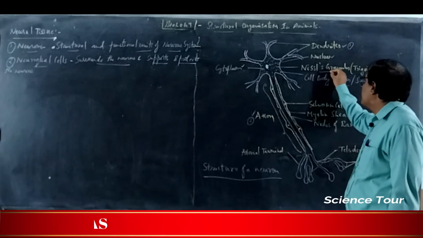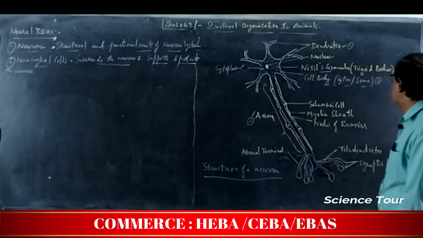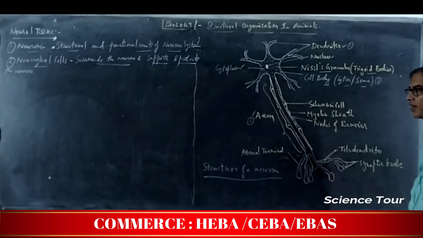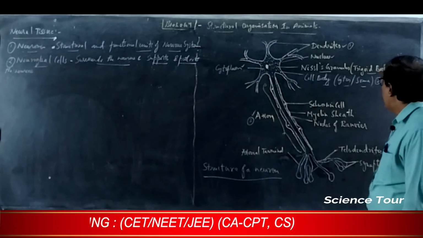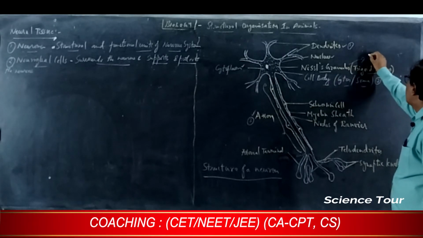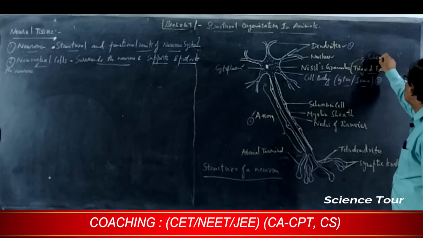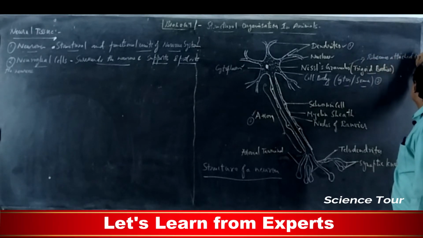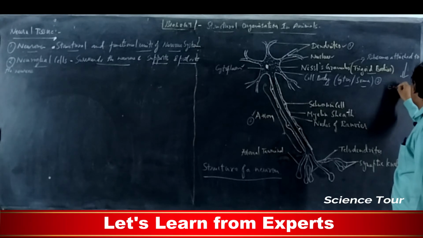So they are called Nissl's granules, also called tigroid bodies. And what do they contain? They contain ribosomes attached to endoplasmic reticulum.